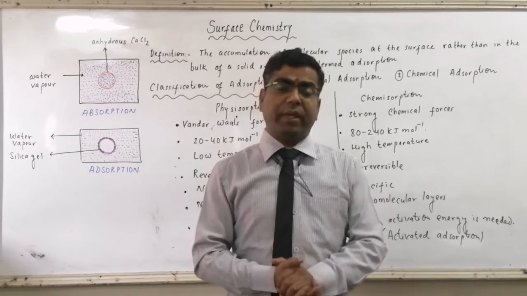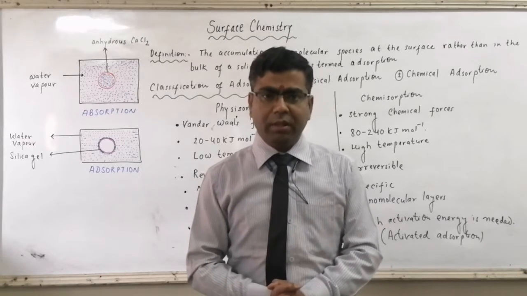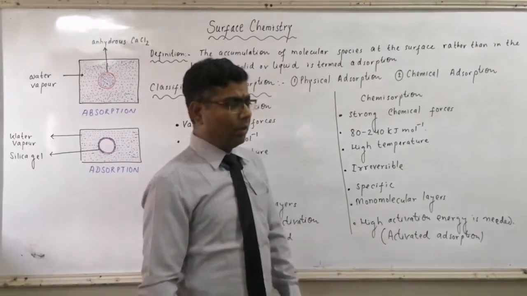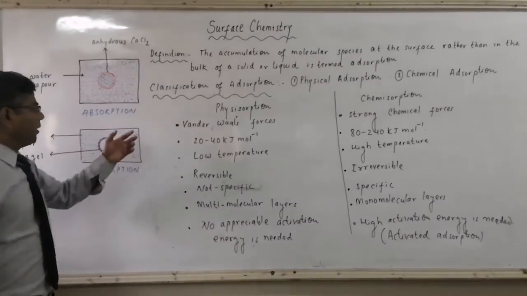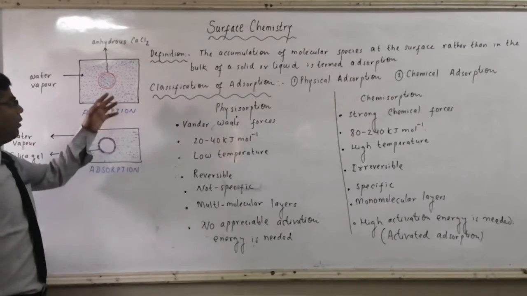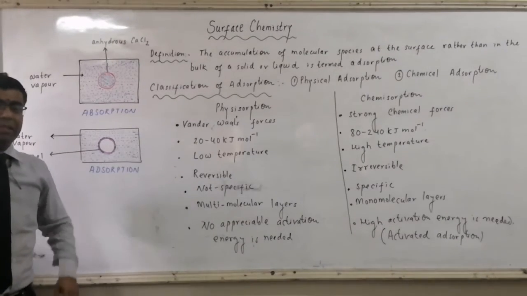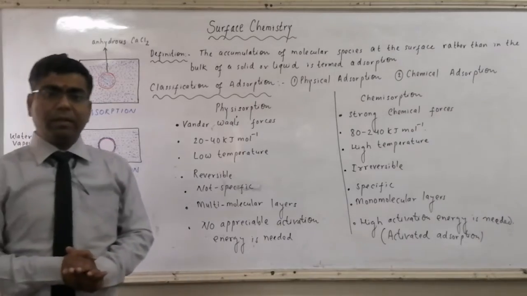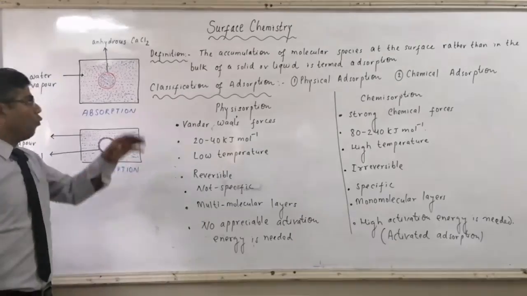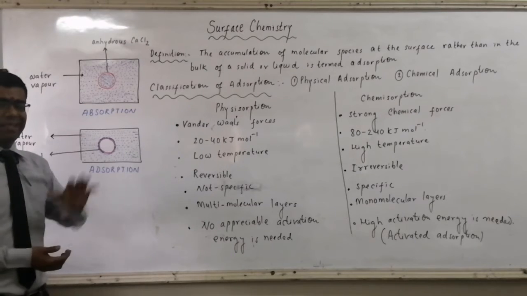So what is the basic difference between process absorption and process adsorption? To make it clear, let us take a closed container containing water vapors. If anhydrous CaCl2, that is anhydrous calcium chloride, is taken in this closed container, then water vapors will be uniformly distributed in CaCl2.